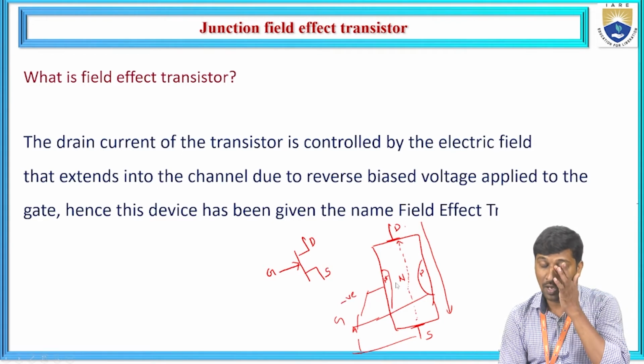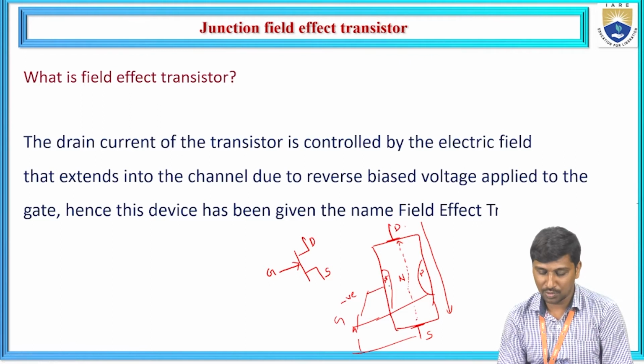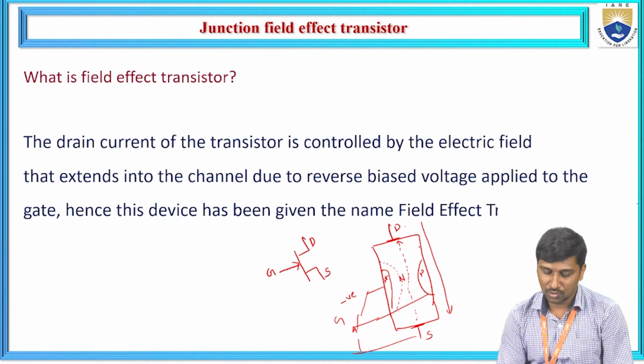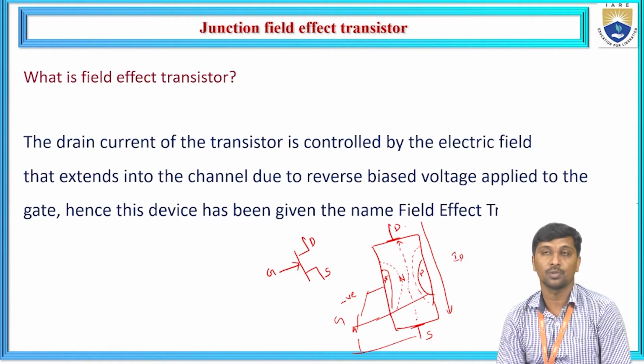When you apply the reverse voltage to this junction, what happens? As per the reverse bias concept of the PN junction, it increases the depletion width, which means it occupies some area. So the flow rate decreases from the source to drain, hence the drain current is controlled.